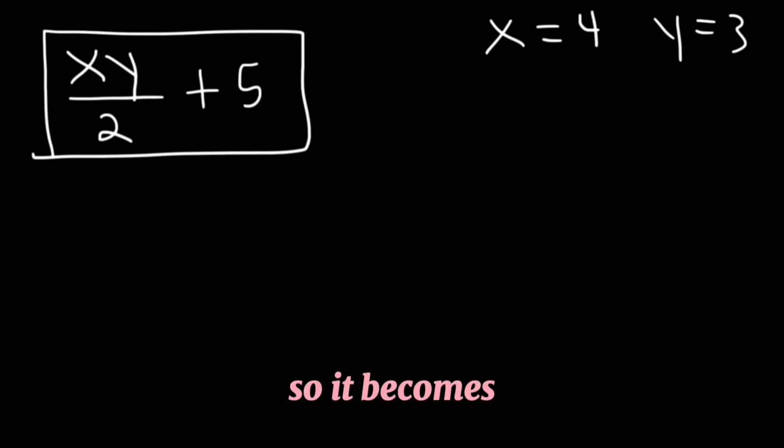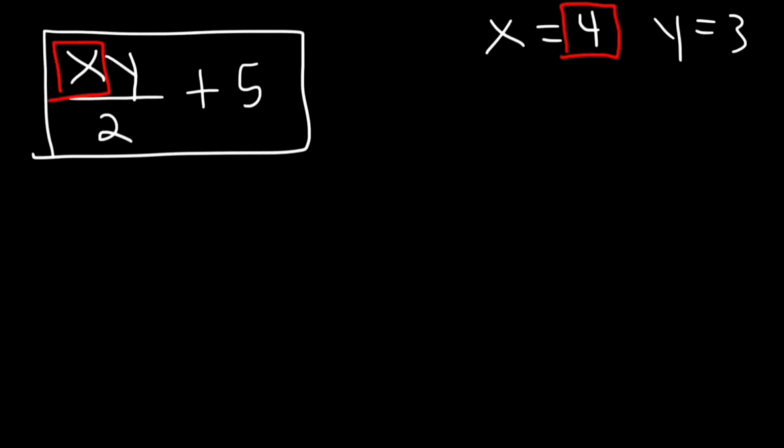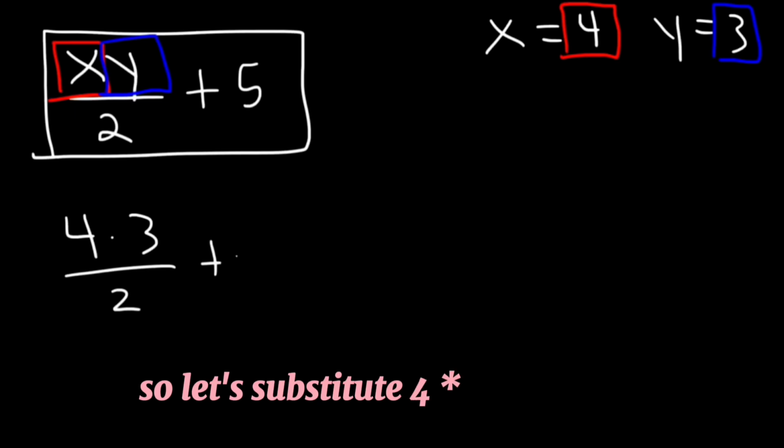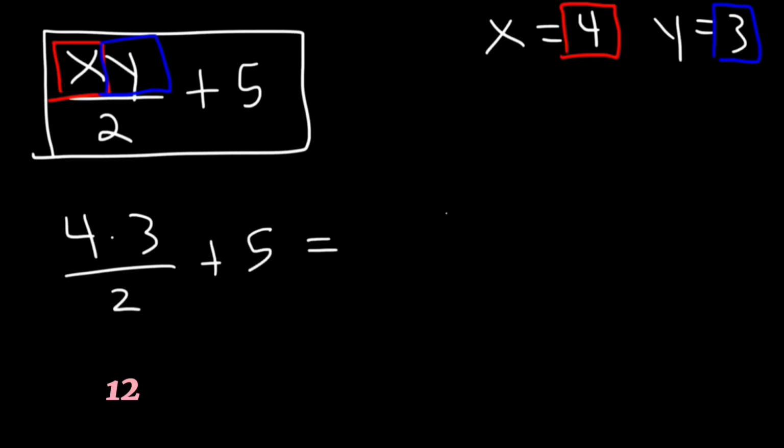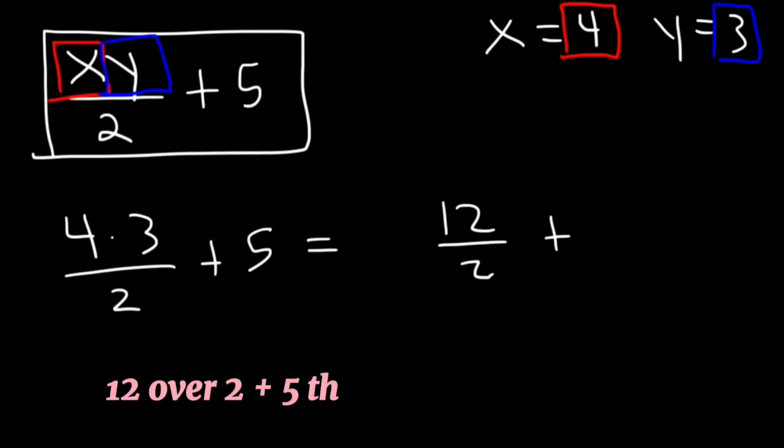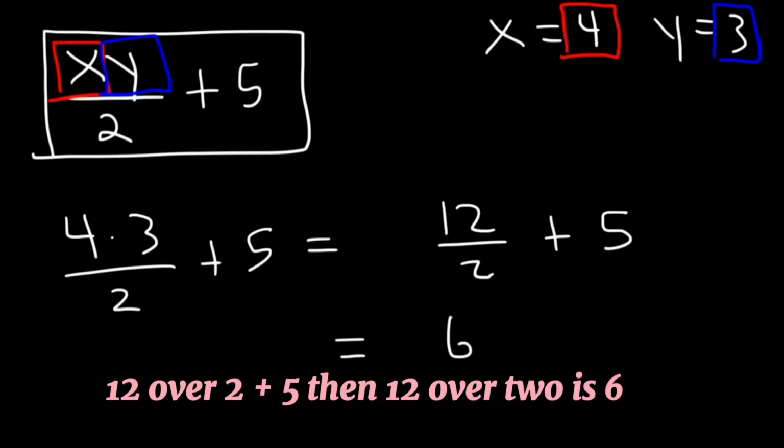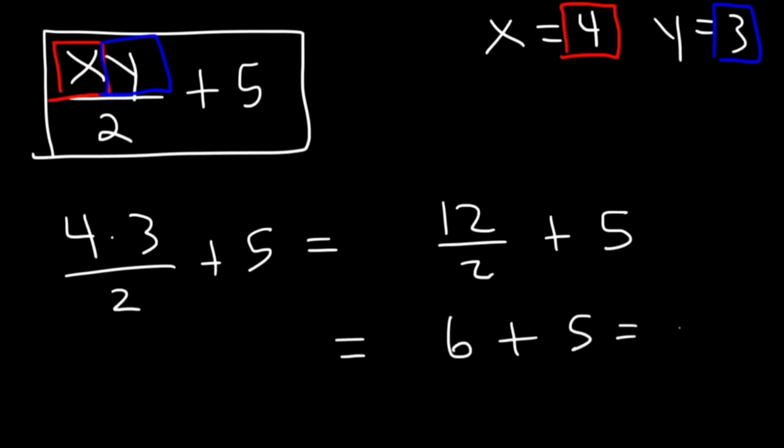Here x is 4, y is 3. So let's substitute. 4 times 3 over 2 plus 5, 12 over 2 plus 5. Then 12 over 2 is 6, plus 5, 11.